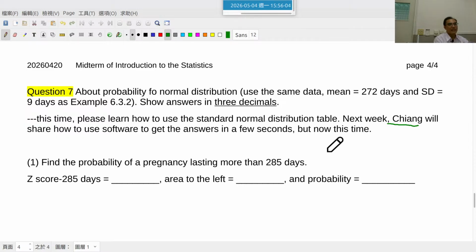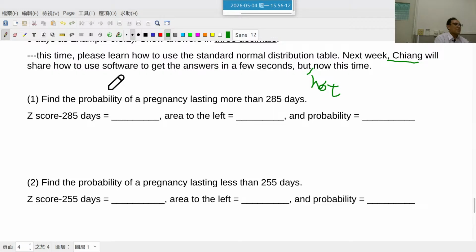But not this time. Okay. First question: find the probability of a pregnancy lasting more than 285 days. The first step, please check the z-score of 285.